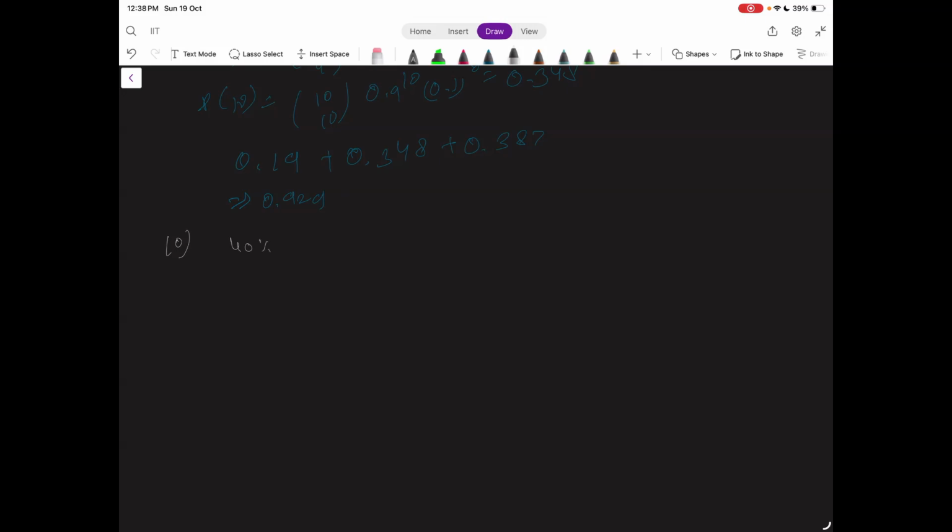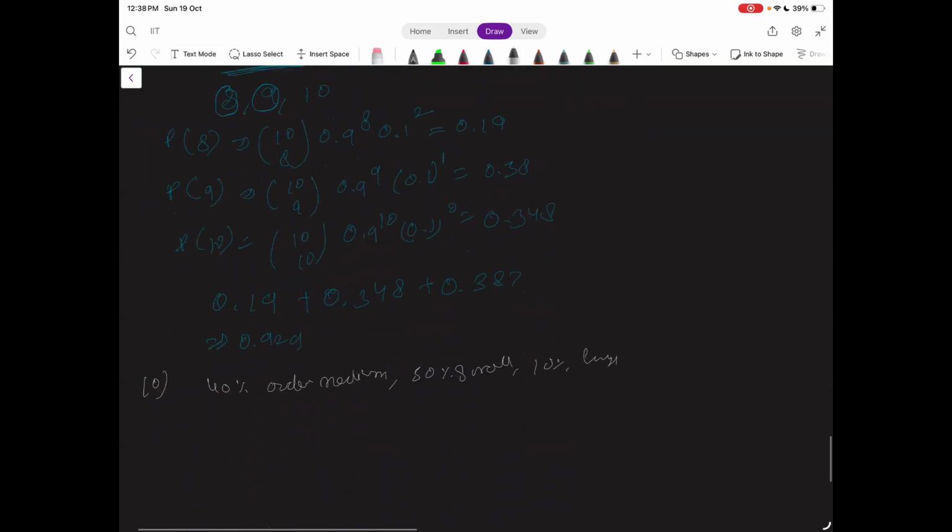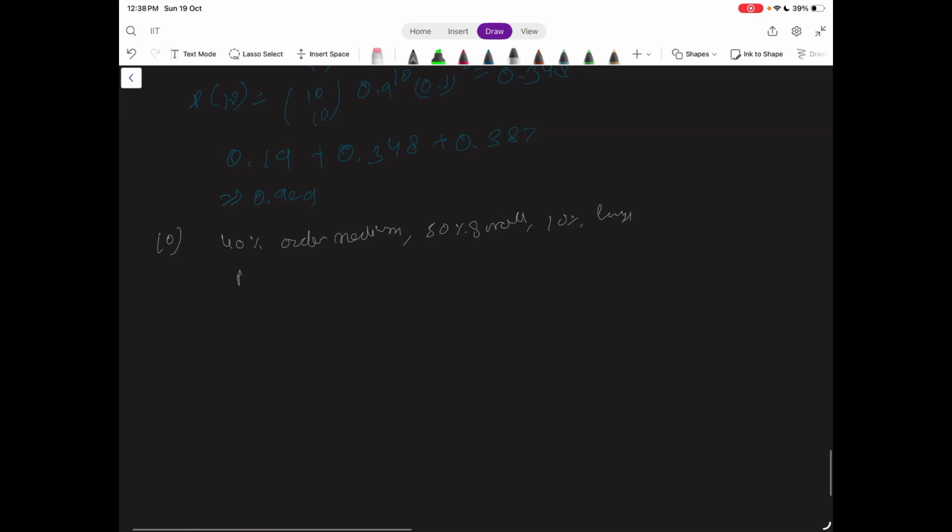Let's break it down. 40% of them order medium. 50% order small. 10% order large. Of medium, 2/3 ask for extra toppings.